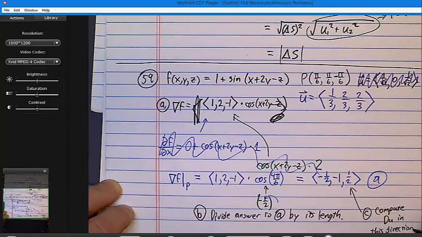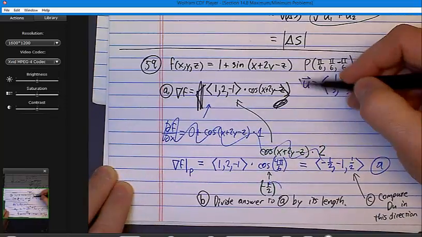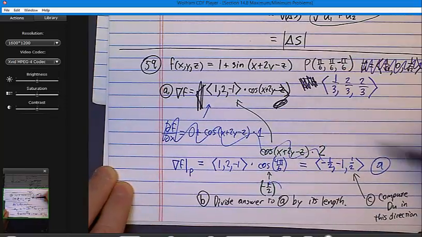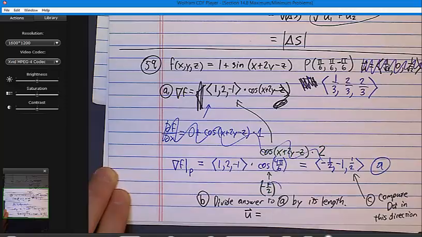Now I see something here. Remember I said I'm going to call this u? Let me not do that. They didn't do it. U is going to be my answer to part B. That's what I'm going to do. And I think that will then work.